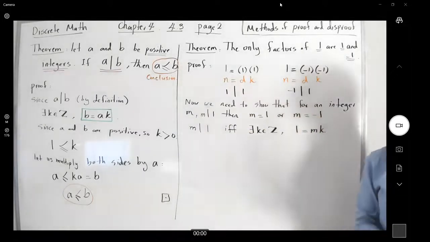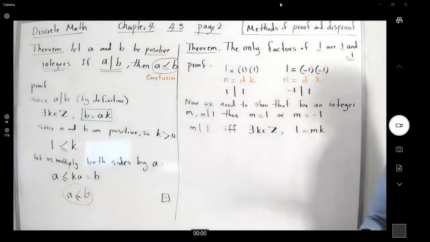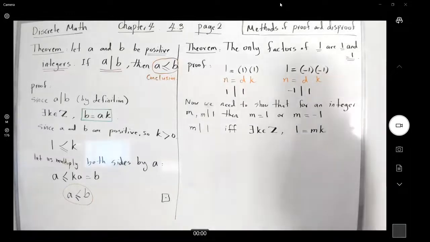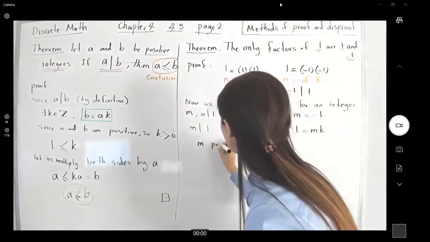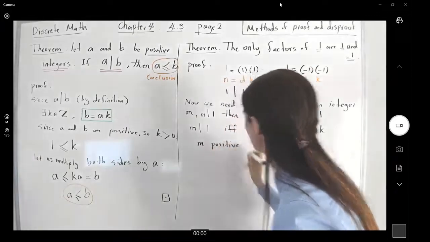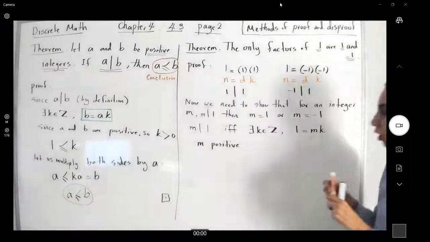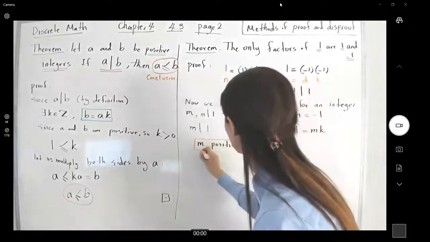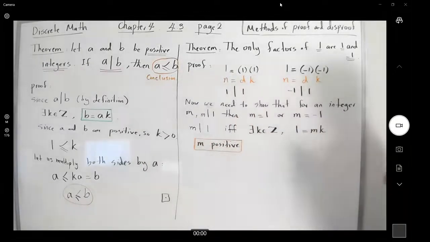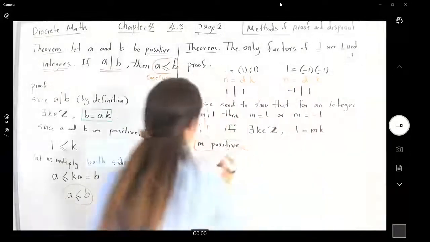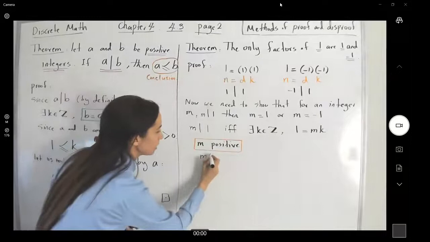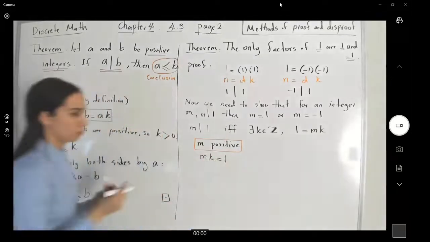This integer can be positive, it can be negative, all right? So suppose m is positive. If m is positive, then m times k is equal to 1.